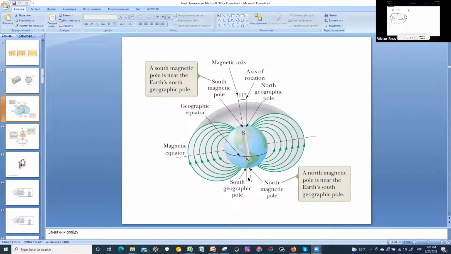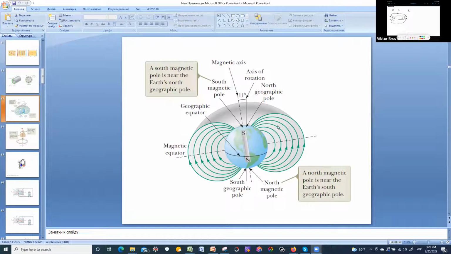Of course, there are some other contributions to the magnetic field of our planet. However, the dominant one, which defines the magnetic field of our planet as we have it, is associated with the convection processes of magma in the internal part of our planet.